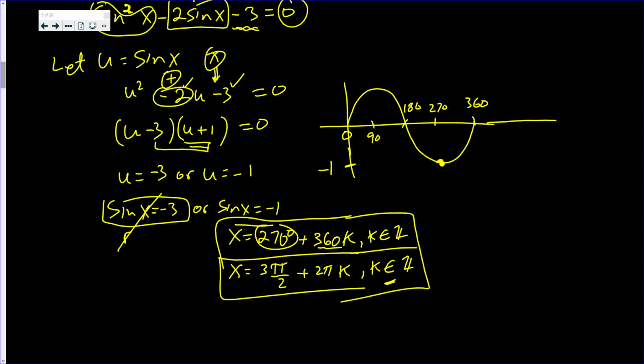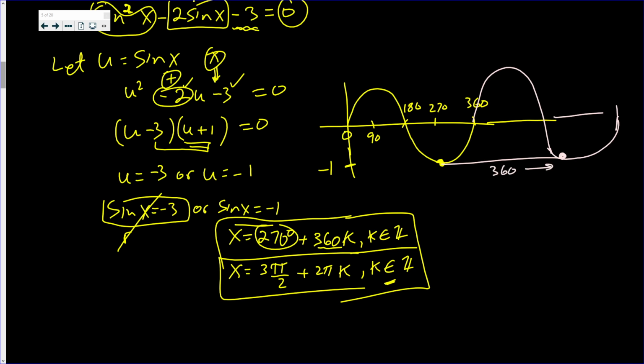Or write it in words, k is an integer. So what happened is, if you go another 360 degrees, I hit another one.